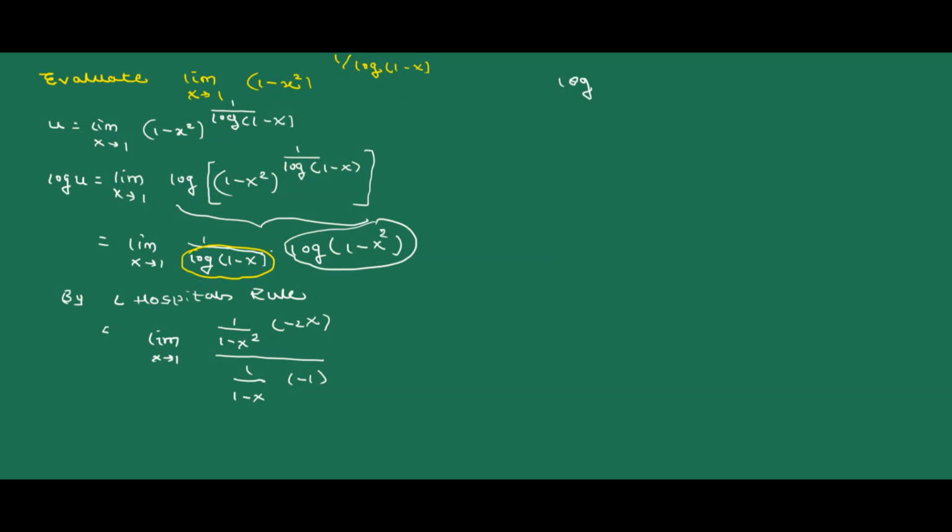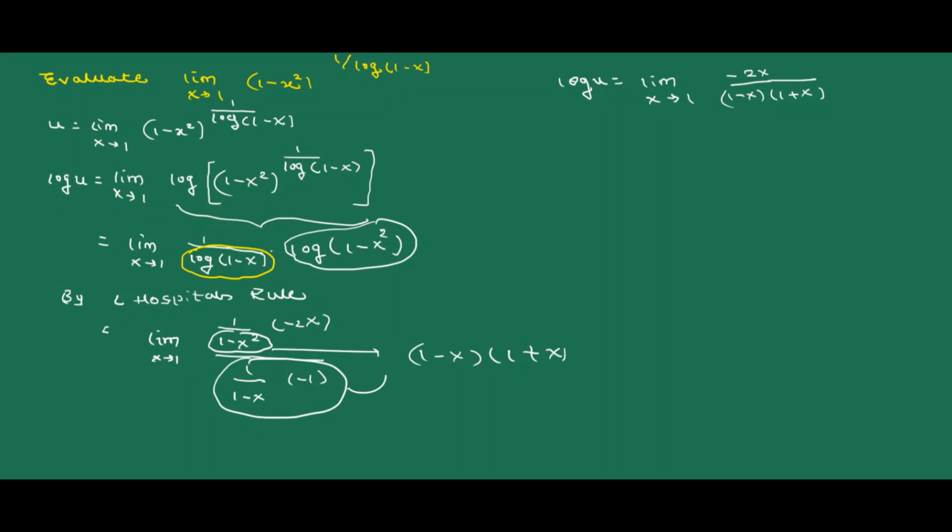Left hand side we have log u is equal to limit x tends to 1 minus 2x divided by 1 minus x square. This 1 minus x square we can write it as 1 minus x into 1 plus x. It has two factors. Now transpose this denominator term in numerator.